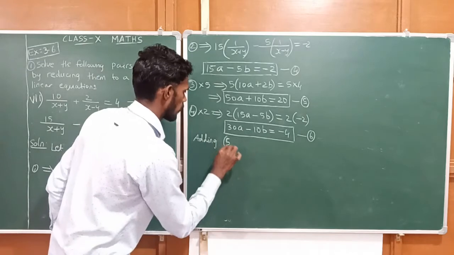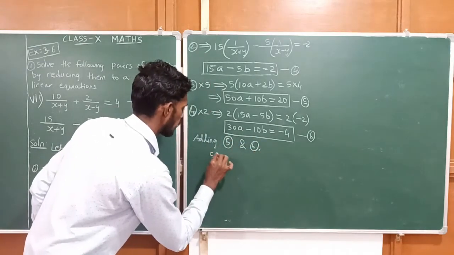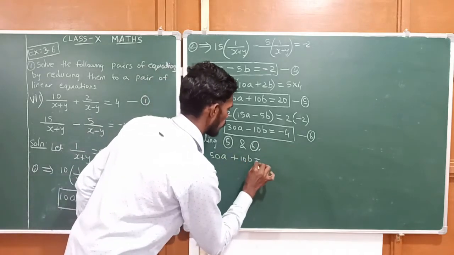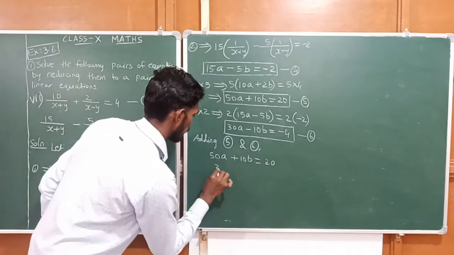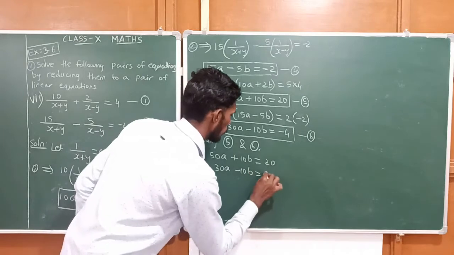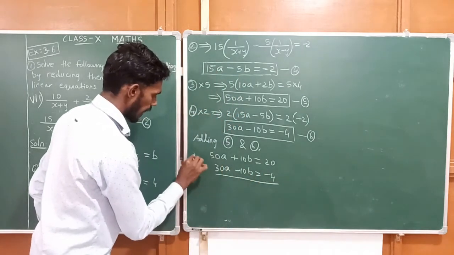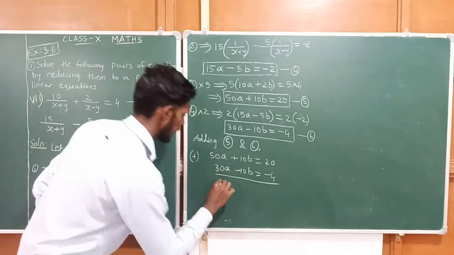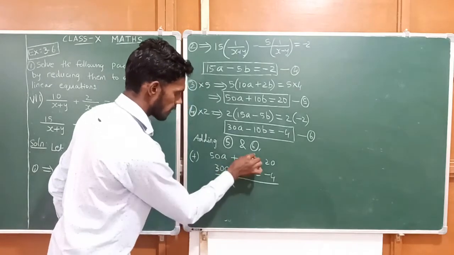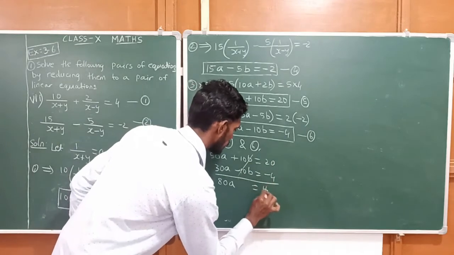equation number 5 and equation number 6, we will be getting 50a plus 10b is equal to 20, then 30a minus 10b is equal to minus 4. Now, see here, on adding 50a plus 30a, it is 80a, plus 10b minus 10b will be cancelled, then 20 minus 4 gives 16.